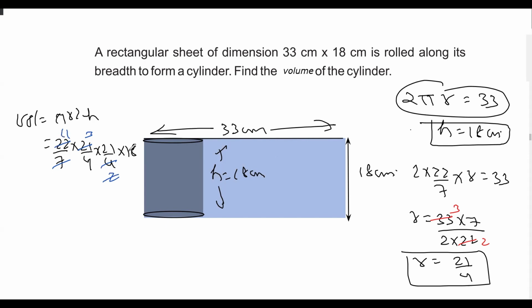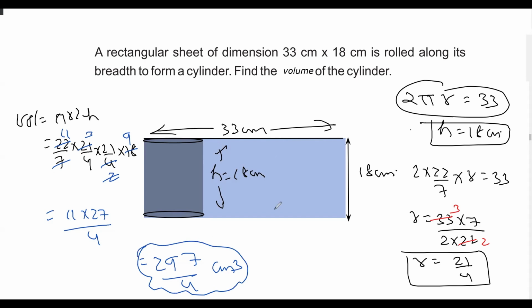Further, I can reduce this also by 9 times. So it is 11 multiplied by 27, and below is 4 only. So this is 297 over 4 centimeter cube, which will be the volume in this case.